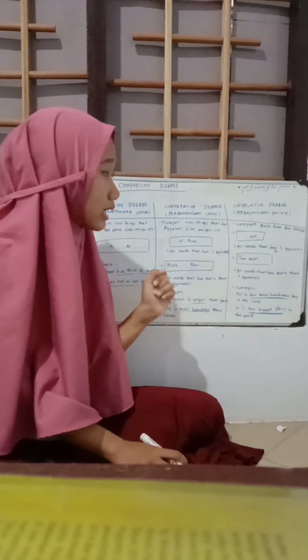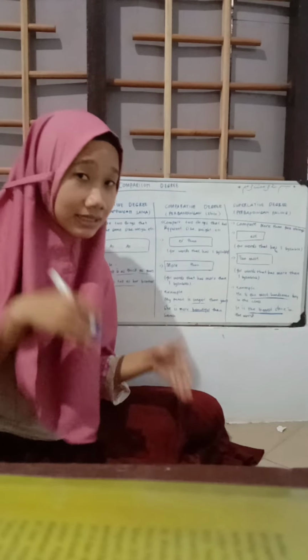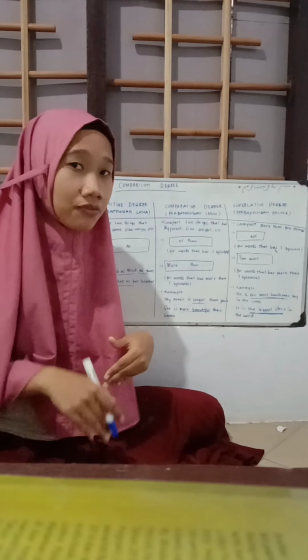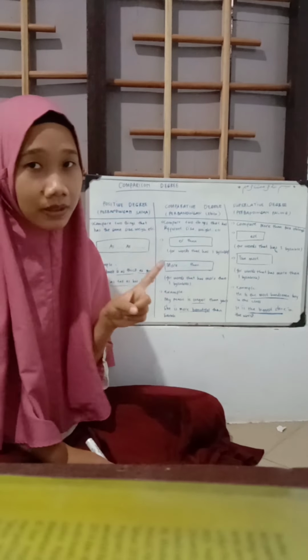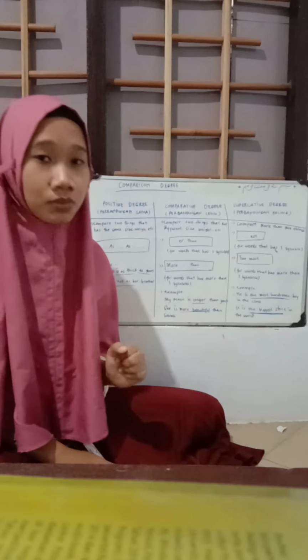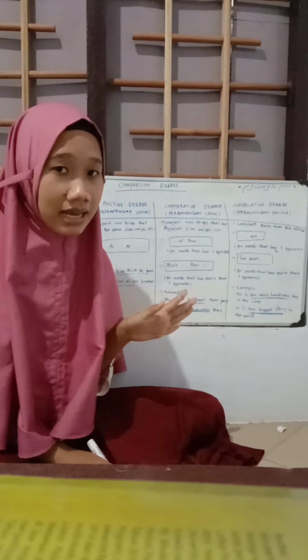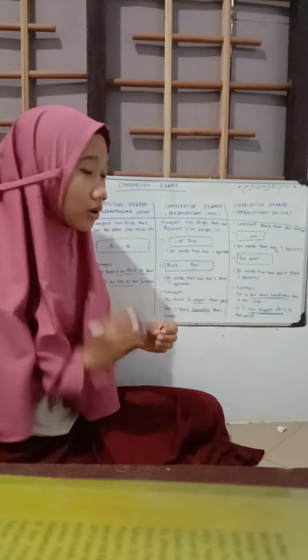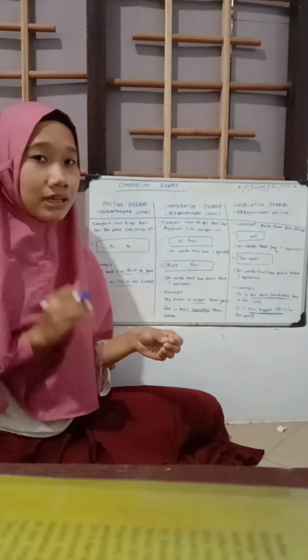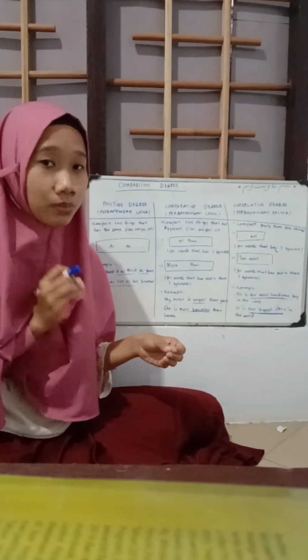So here, "the most" is added in front of the word if the word has more than one syllable, two syllables or more. So you may not add -est at the end of the word, but you should add "the most" in front of the word.